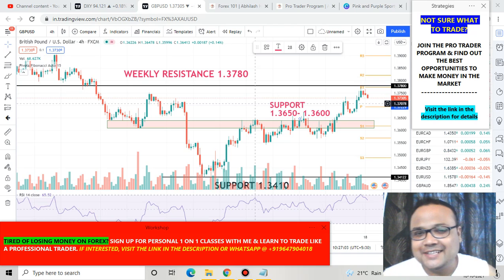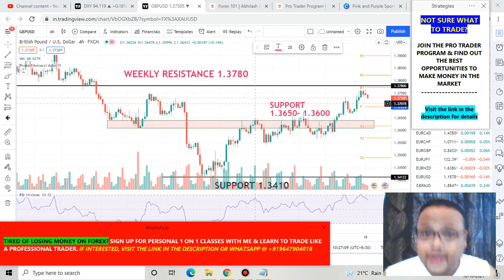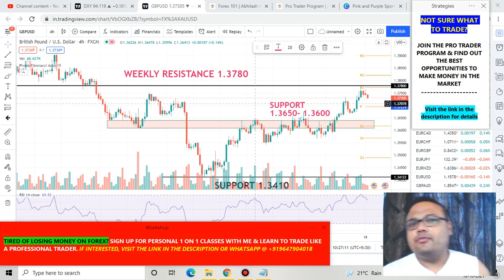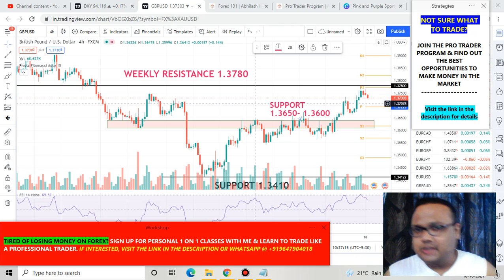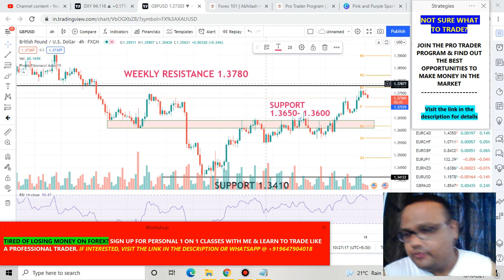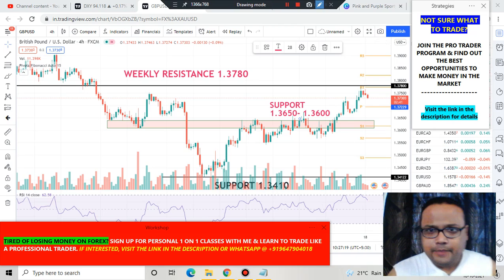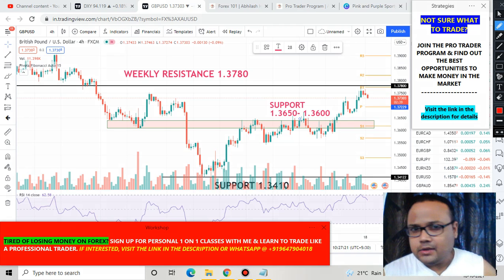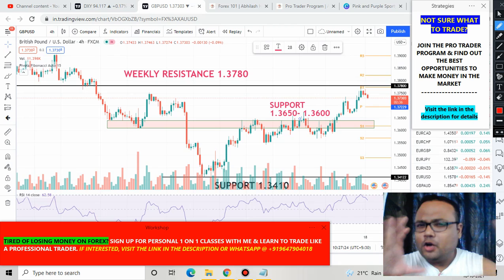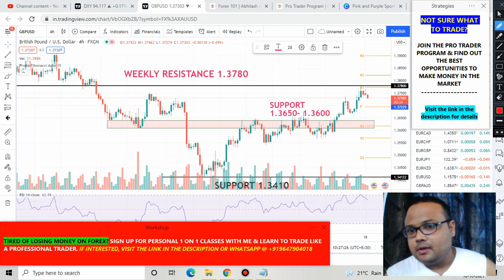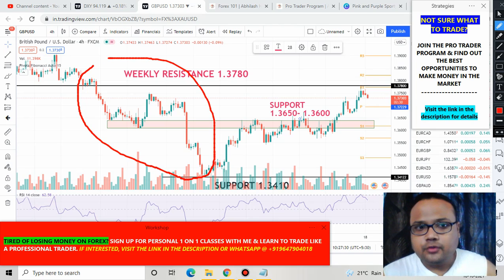So let's get started. This is the Forex chart of GBP USD in front of us right now. The market is open, and if you have watched my previous video, then hopefully you have already taken a short position or sell position and you are in profit right now. The setup on GBP USD is not complicated. The market was going up after this huge downtrend, this huge fall in the market.